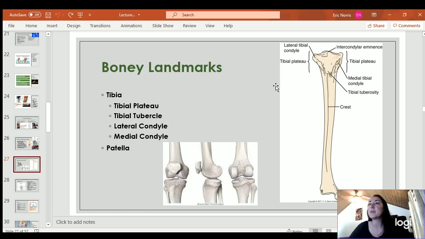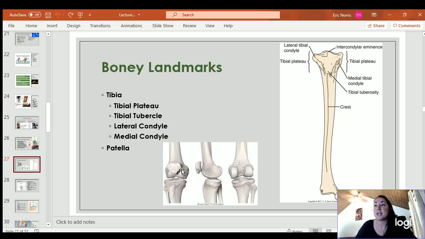All right, our bony landmarks. So on the tibia, I talked about the tibial plateau before. There's the tibial tubercle, where the patellar tendon, of course, will attach. You have your lateral condyle, so this is the medial side, your lateral condyle here and your medial condyle here.